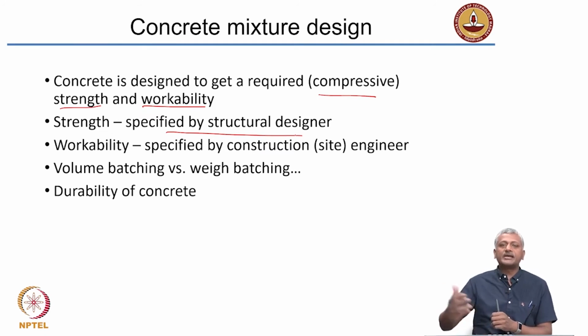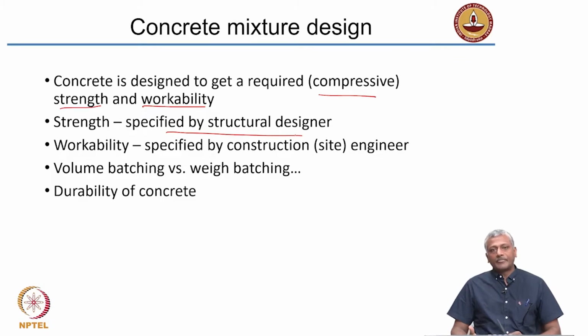For steel, most often they will be specifying something called the yield strength. Concrete, on the other hand, the structural designer will say, I need a concrete of a certain compressive strength. This compressive strength is specified by the structural designer, but it has to be ascertained by the person who is supplying the concrete for the job site.